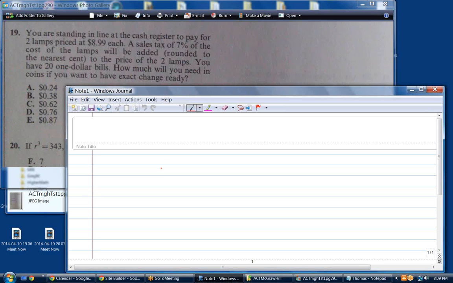Okay, let's actually talk about that. That's the price of the 2 lamps, right? Yes. So how do I add 7% tax to that? I'm not great at percents. Okay, we can't use percents in equations.